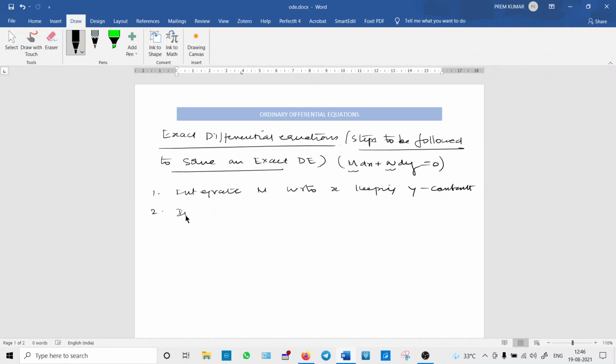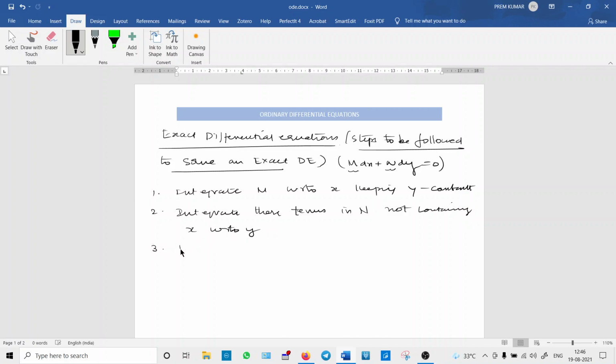Next, integrate those terms in N not containing x with respect to y.